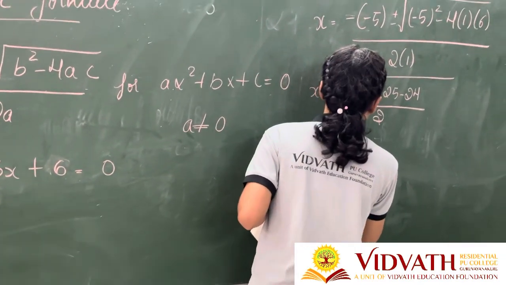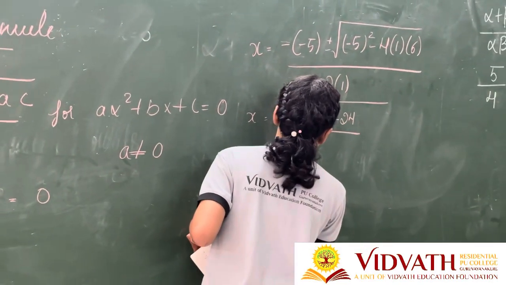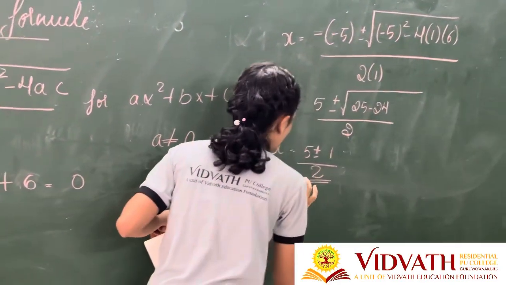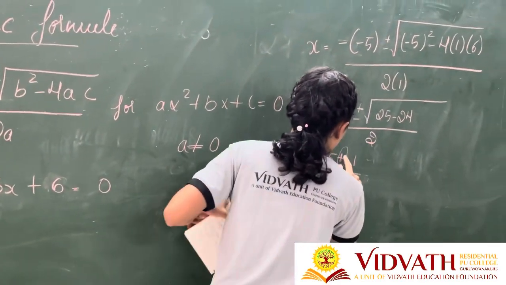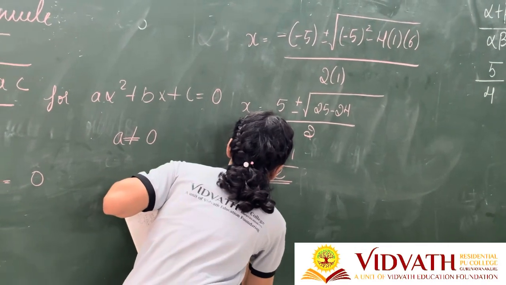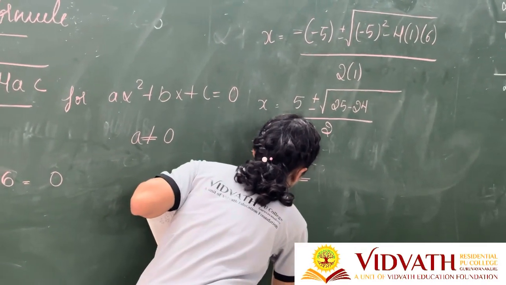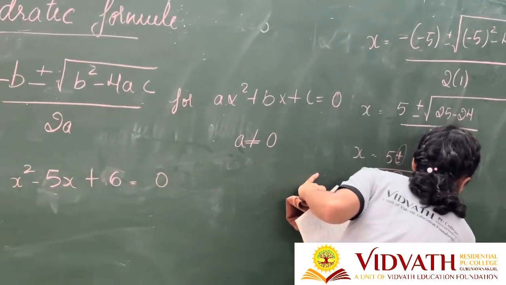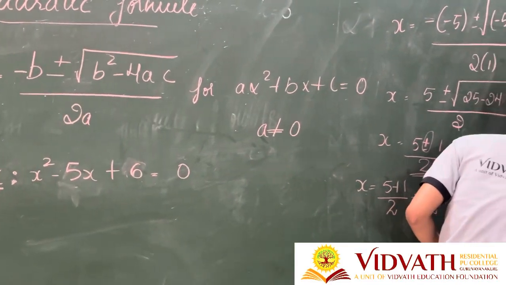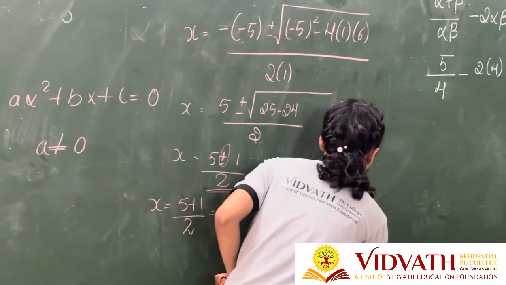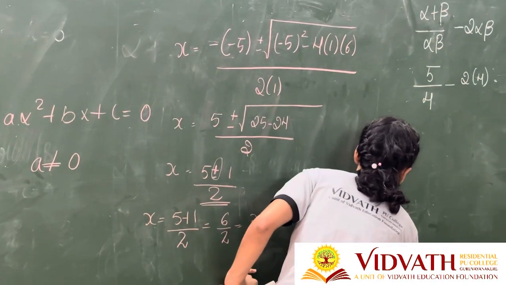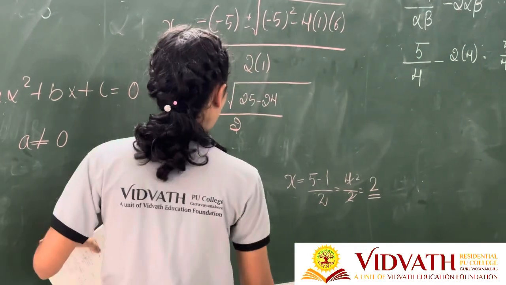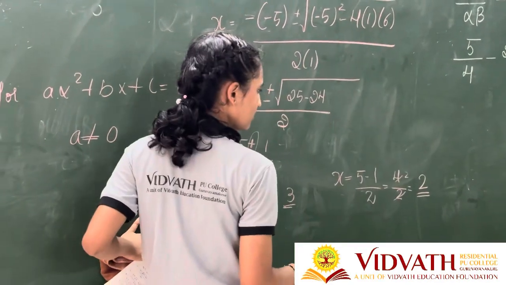So x is equal to 5 plus or minus root 1, that's nothing but 1, divided by 2. They have given two roots like plus or minus, no? X is equal to 5 plus 1 divided by 2, which is 6 by 2, we'll get 3. And x is equal to 5 minus 1 divided by 2, 4 by 2, then it is 2. We got two roots, right?